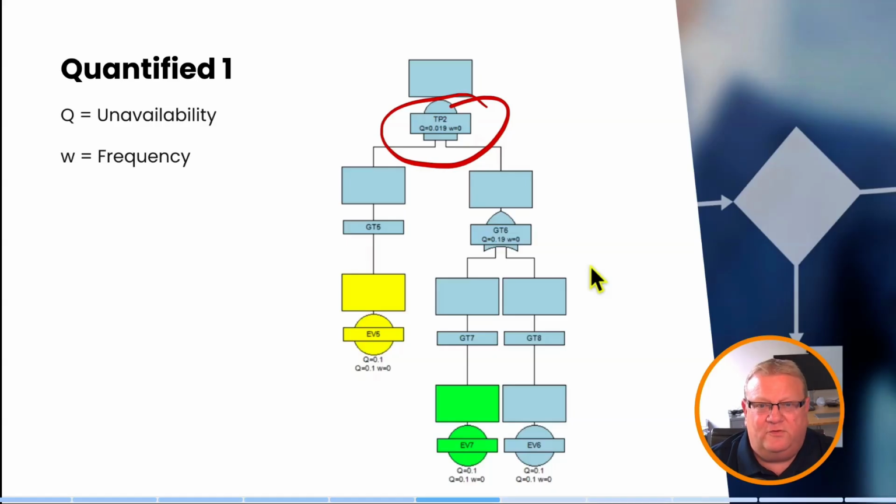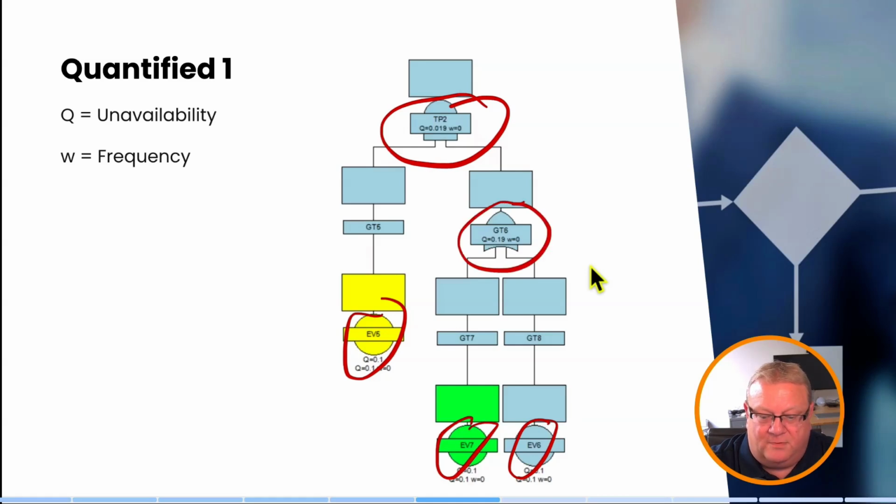The calculation at the top event there is coming from the sources of event below it. So these are the three sources at the bottom. And then there's an intermediate event, which actually in this case is the same as the top event. Sorry, unavailability is the top event. And it's solved from the bottom upwards.